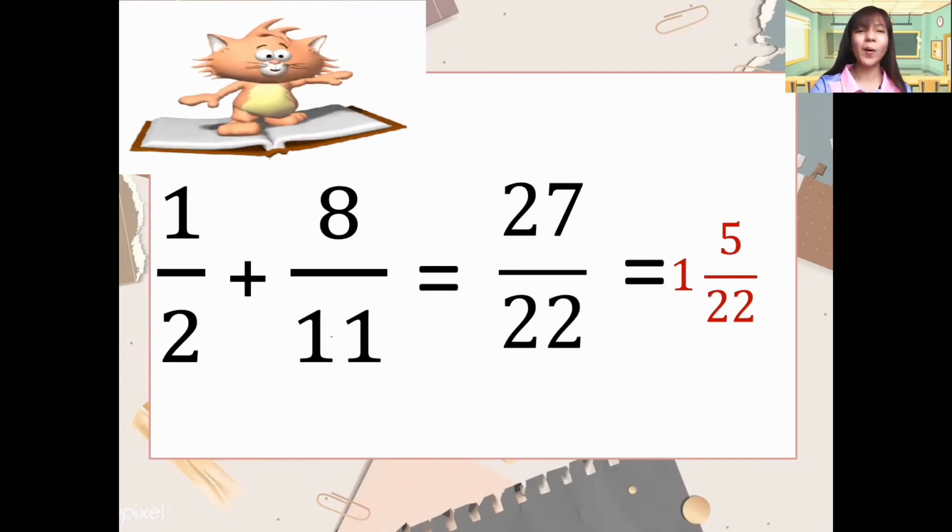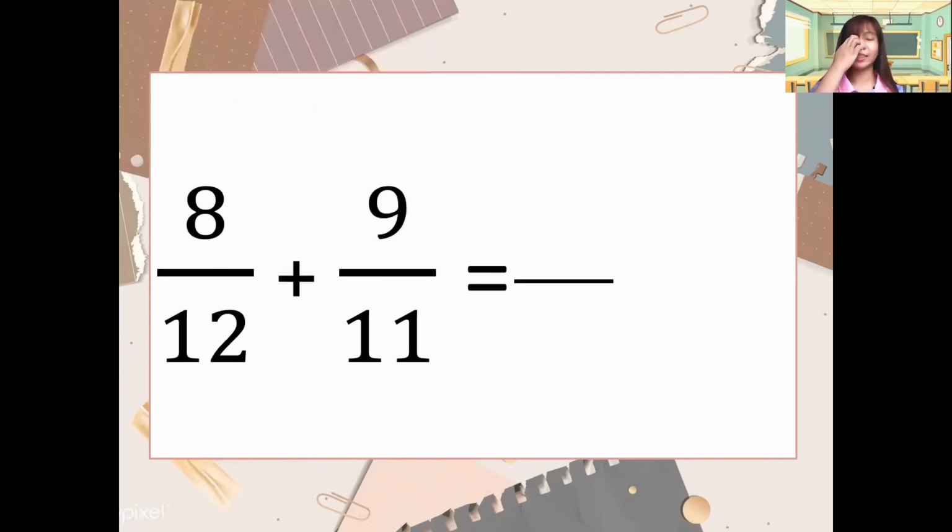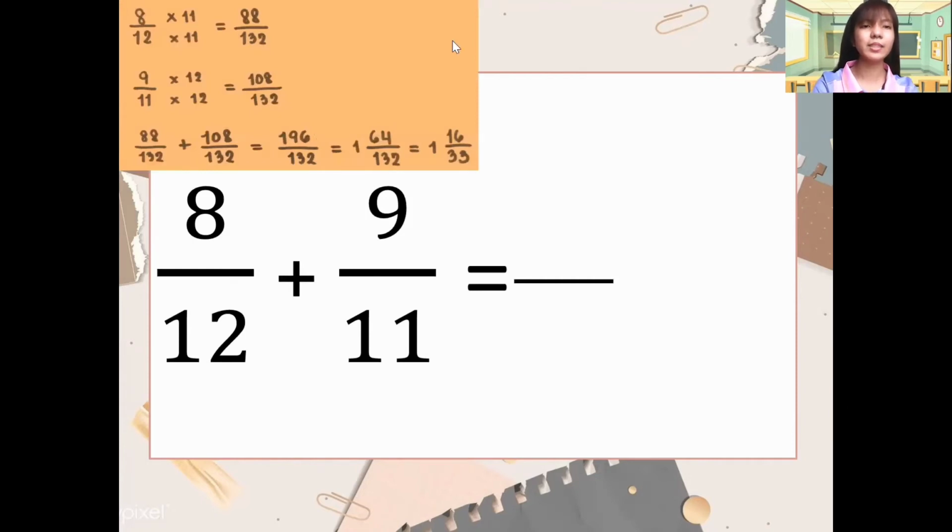Okay. So next, another exercise. Alright, so we have here 8 over 12 plus 9 over 11. So this time, this is how you're going to solve this problem. So 8 over 12, and then we have 9 over 11.